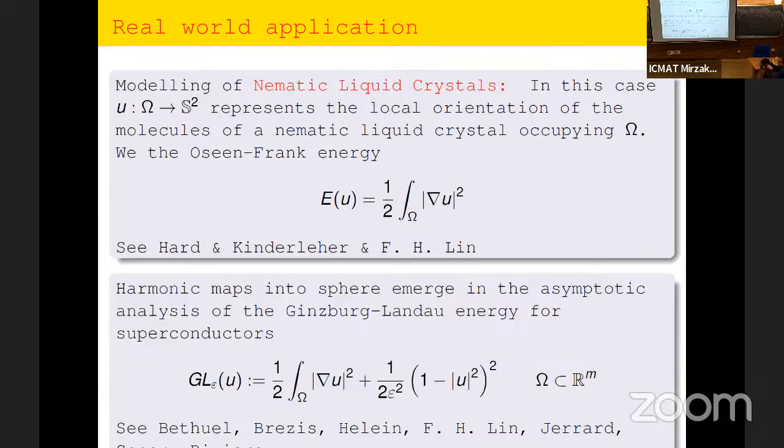The other application is this one: Ginzburg-Landau. If you start with this energy, here you have a small penalization epsilon, which penalizes exactly the length of the vector U, and you want at some point to send epsilon to 0. Well, what emerges in the limit is exactly this map here. Okay, so these are two examples.